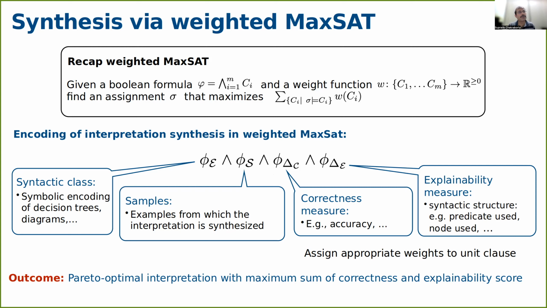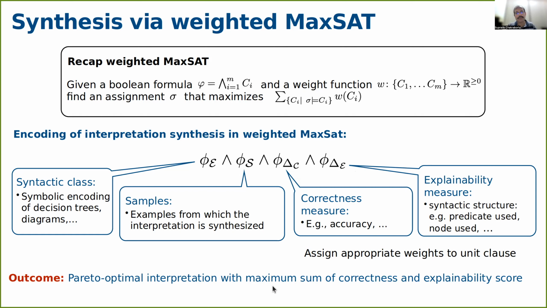Because if both are non-negative and their sum is maximized, I cannot increase one without reducing the other. Because if I could, I could have gotten a larger value for the sum. So if your scores are always non-negative, I can just sum them up and ask for the weighted MaxSAT, and this will give me one Pareto-optimal interpretation, not necessarily the entire surface. That's how we're going to use this weighted MaxSAT engine.